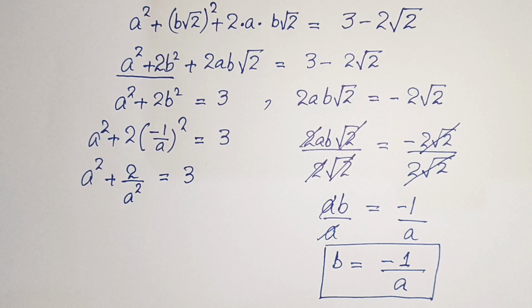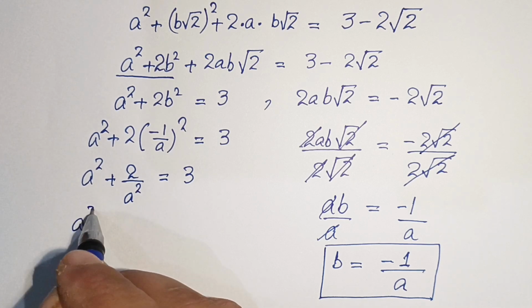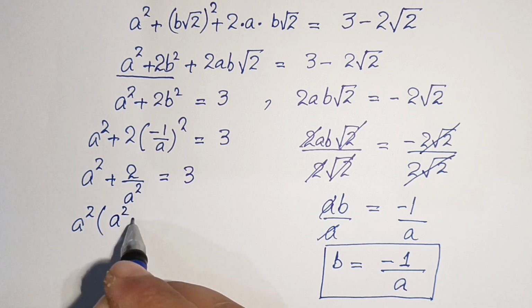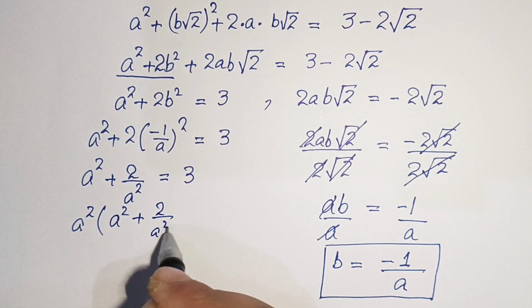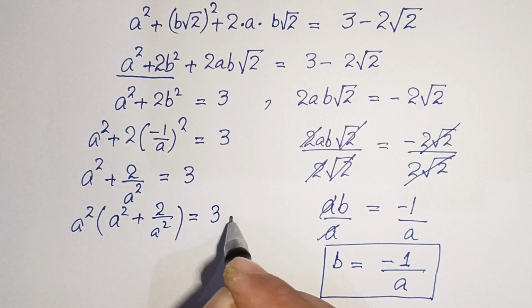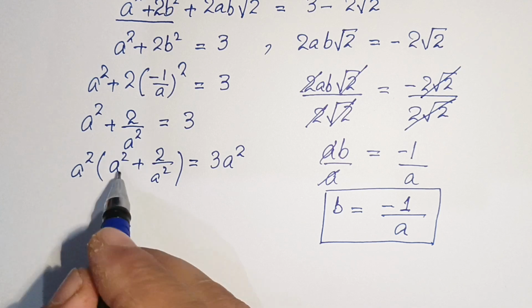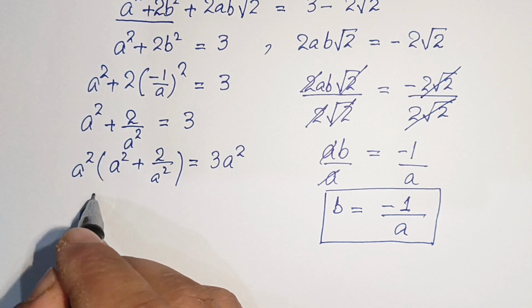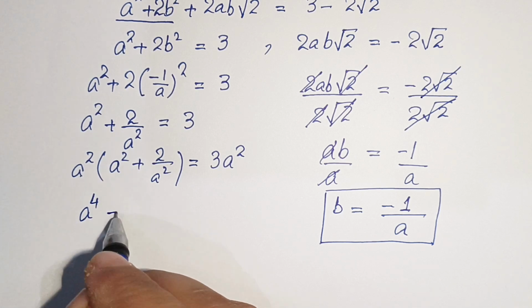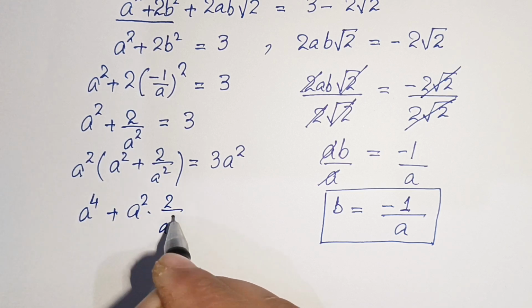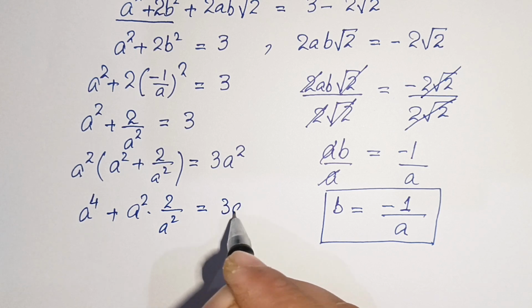Now if we multiply by a squared on both hand sides, a squared multiplied by a squared plus 2 over a squared is equal to 3 times a squared. Multiplying a squared with a squared, we get a to the power 4 plus a squared times 2 over a squared is equal to 3a squared.